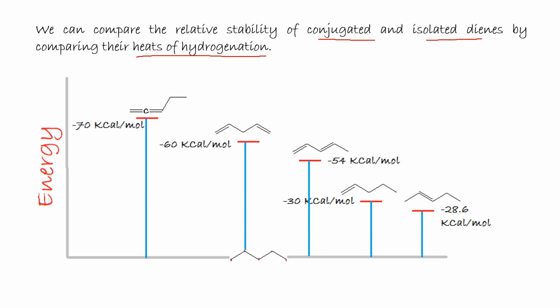The first one here is pent-2-ene, pent-1-ene in this one, and here is 1,3-pentadiene, pent-1,4-diene, and here is pent-1,2-diene. If we hydrogenate these compounds, all of them will end up providing us with pentane.